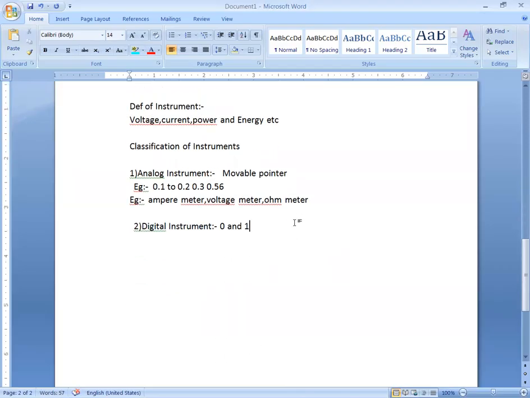Next topic is characteristics of instruments.